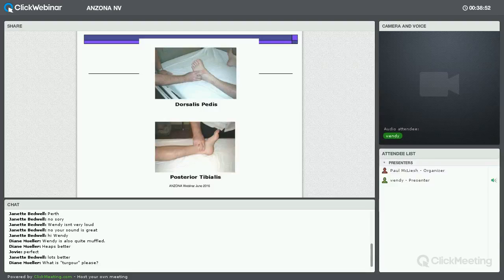When we come down and we're checking pulses as well with our lower limbs, we're checking dorsalis pedis. Again, if you run your fingers down, you'll find a tendon that you can feel that comes just between the great toe and the next toe, and then keep moving down until you feel dorsalis pedis.